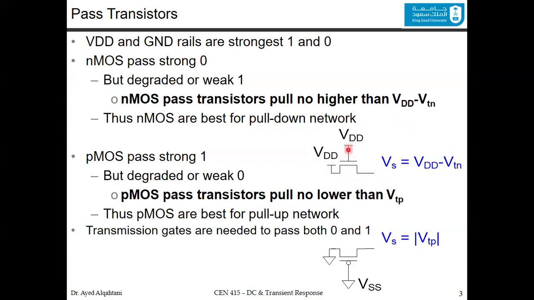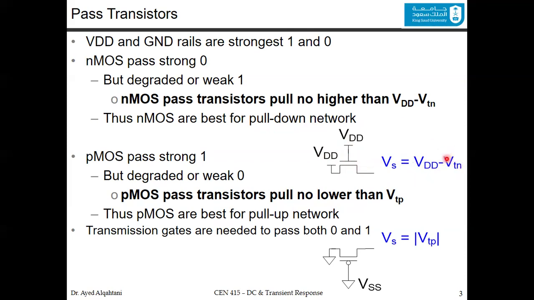So if you have VDD at the gate terminal, which means that the transistor is on, and you also have VDD coming through this terminal, then the output would be VDD minus V threshold of the NMOS.